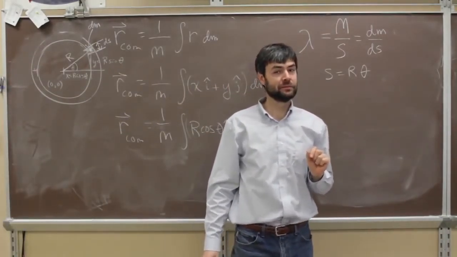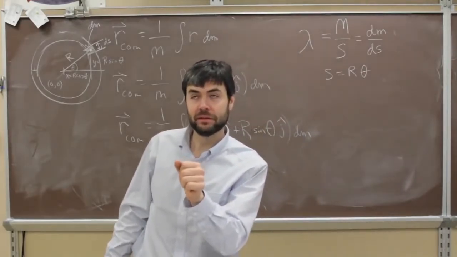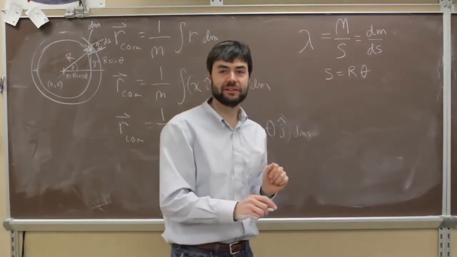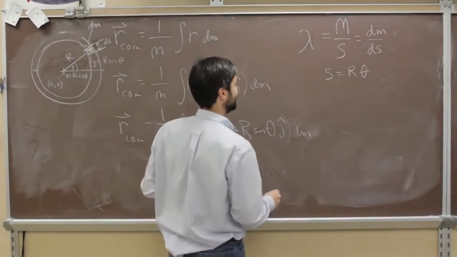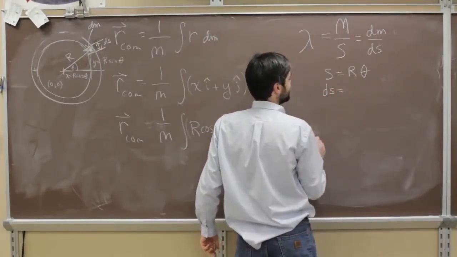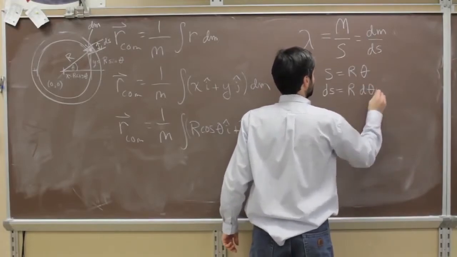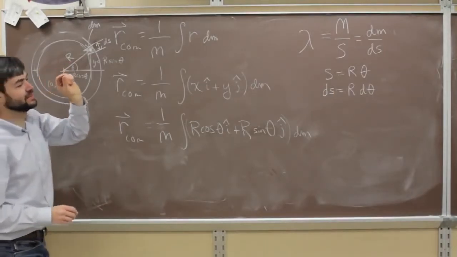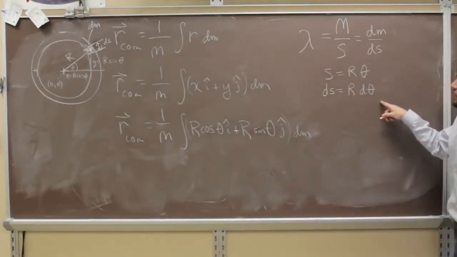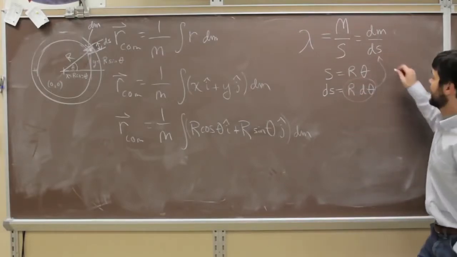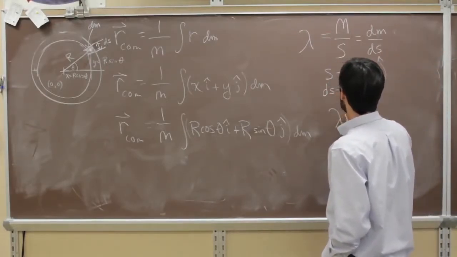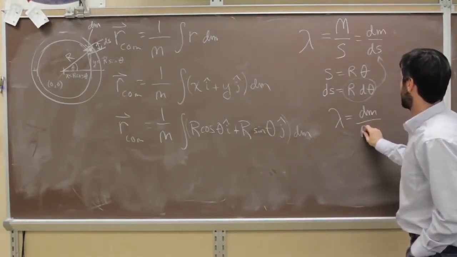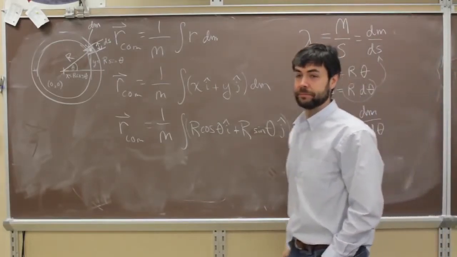It's r d theta. You just got to put the d next to the theta, not the r. So ds is equal to r d theta. That would be d theta in there for that little tiny thing. So now what can we do with that? Yeah, we can plug that in for ds. So now we have lambda equals dm over r d theta.